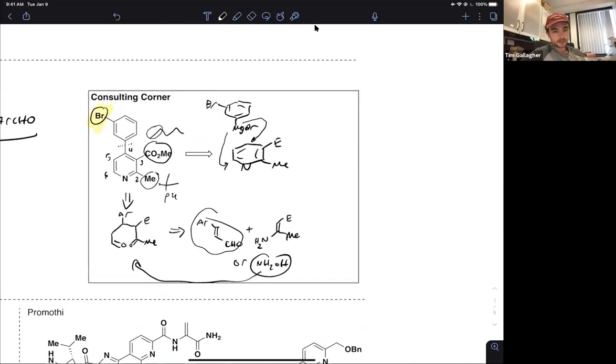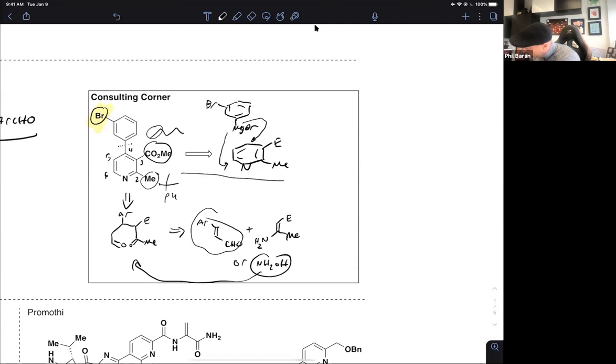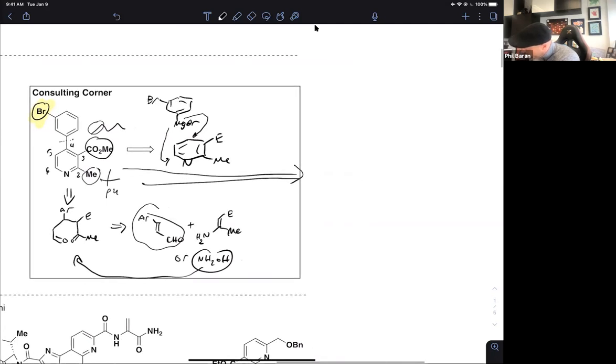Hey, Phil, can I ask a follow-up for this? Sure. So could you do like a Krohnke and have an aldehyde? Is that stable or no? So if you're going to use a Krohnke on this, a Krohnke would require, let's do the Krohnke disconnection over here. Krohnke would require something like that, correct?